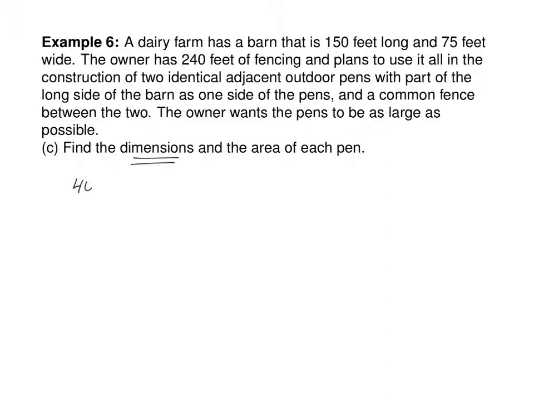Well, it's 40 by 120. And it is important to say, 40 is perpendicular to the barn because it isn't the other direction. You couldn't have those sides in the middle being 120 or you wouldn't have enough fencing for it. And so what is the total area?